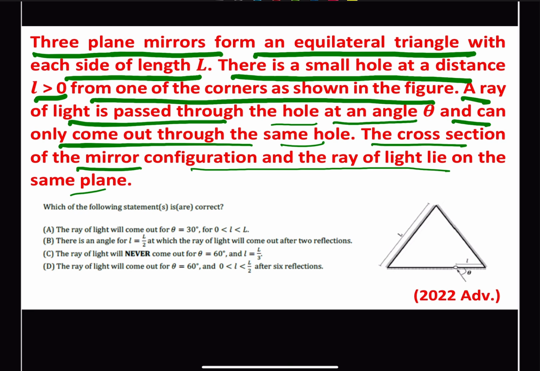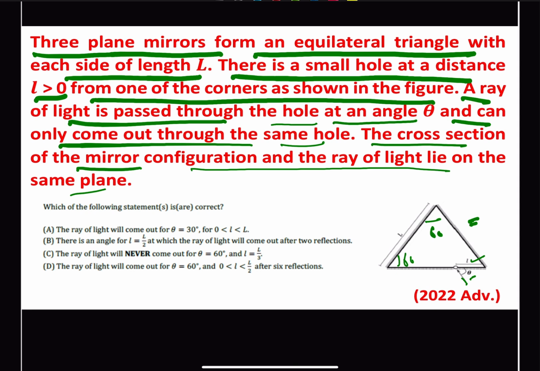So we are given this figure. You can say equilateral triangle. So each angle will be of 60 degree, and this is a hole, and a ray is incident on it at an angle of theta, and this hole is at a distance of small l from one of the corners. Okay.